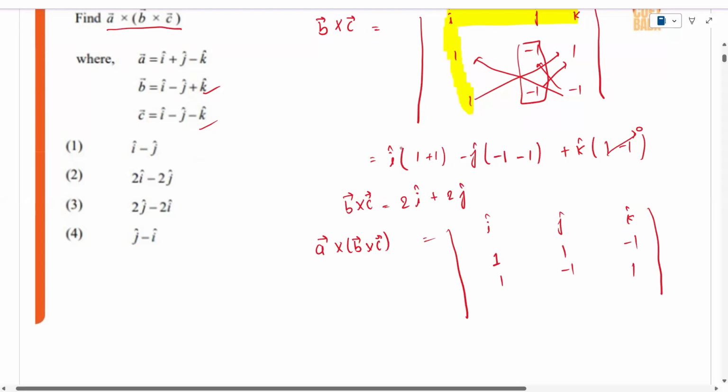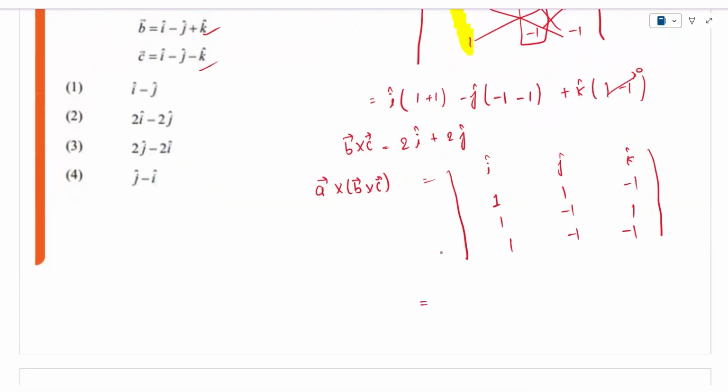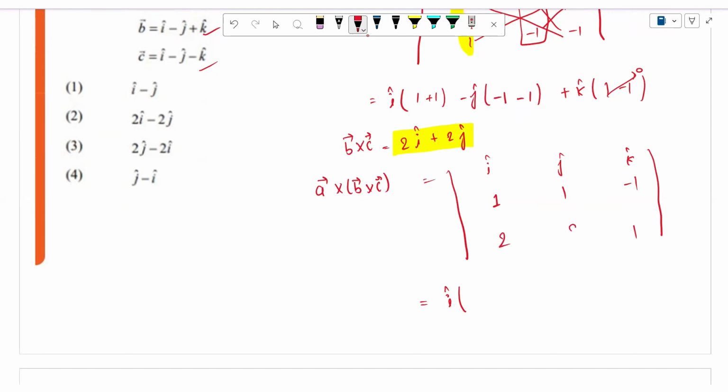For C vector, 1, minus 1, minus 1, right? So A cross B cross C. So when we expand for the I cap, and one more thing, here for B cross C, we will directly plug the expression for B cross C. What is the expression for B cross C? That is 2 I cap plus 2 J cap and 0 K cap. So 2, 2, and 0, right?